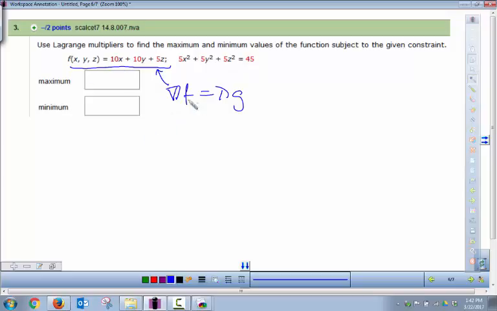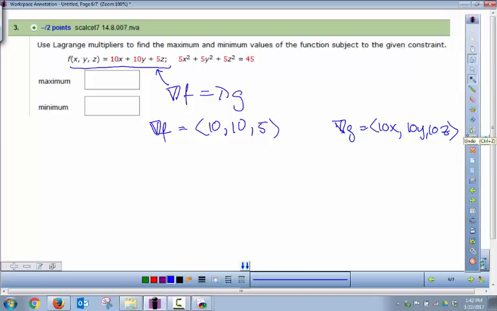Yeah, we have time. So we find the gradient of f. That's 10, comma 10, comma 5. So having constants is a nice start. And then the gradient for g is 10x, 10y, 10z. So we're going to set them equal to each other to get our equations.